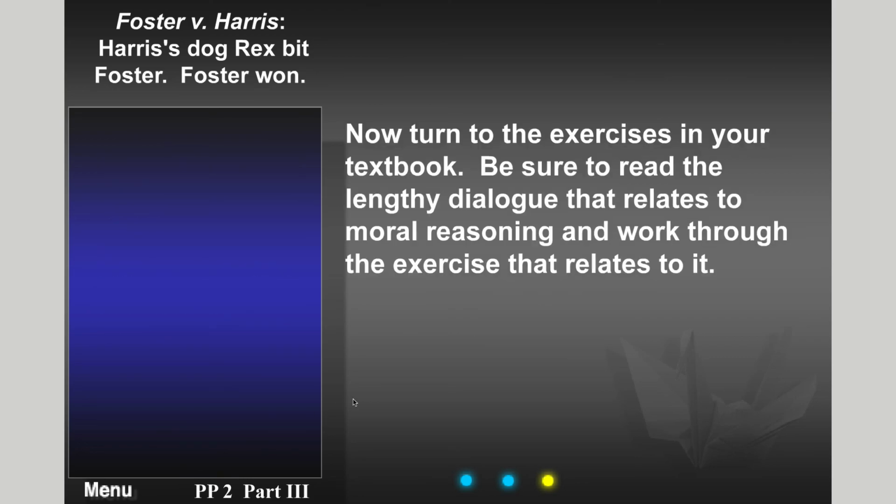Okay? So now you can turn to the exercises in your textbook, being sure to read the lengthy dialogue that relates to moral reasoning, and work through the exercises that relate to it. Okay? Again, I'm always available to meet with you. I hope that this is a clearer chapter if you were tired of symbolization, now that we've gotten out of it. I hope that you've found this helpful in thinking through the kind of inductive reasoning we use all the time.